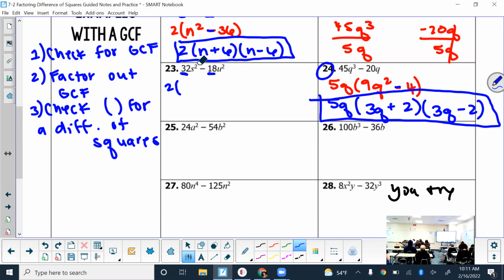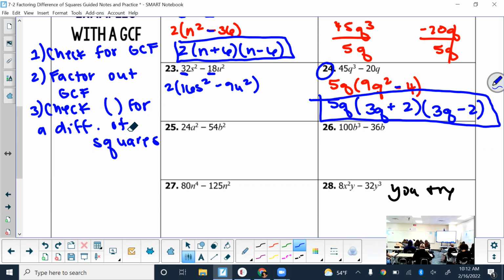What's 32 S squared divided by 2? 16 S squared. What is negative 18 U squared divided by 2? Negative 9 U squared. All right, so check for a GCF, factor it out.